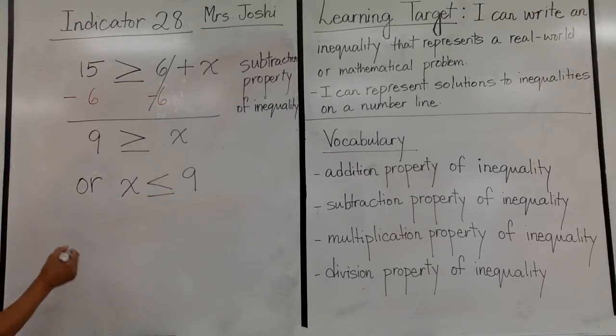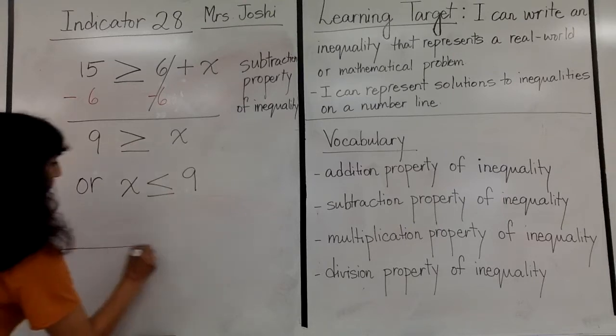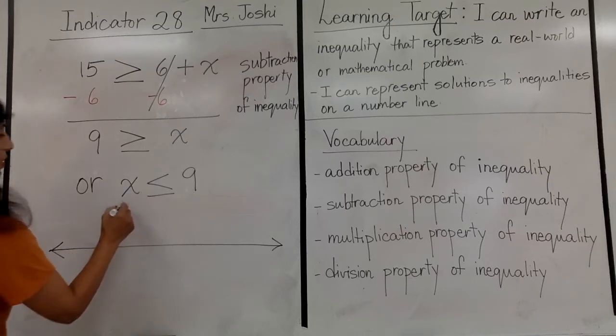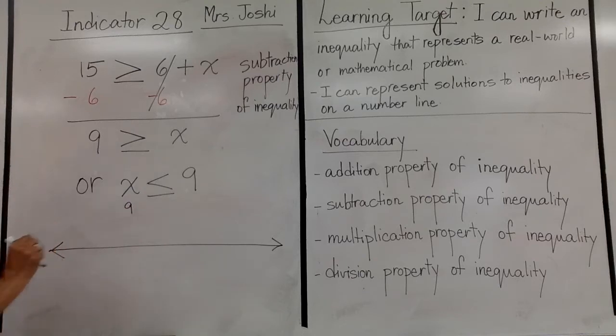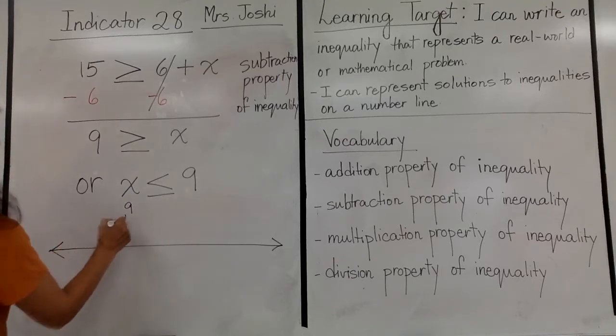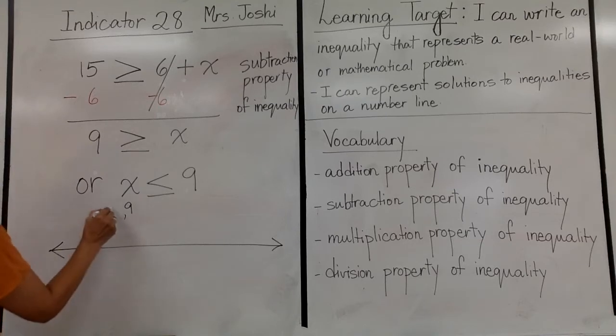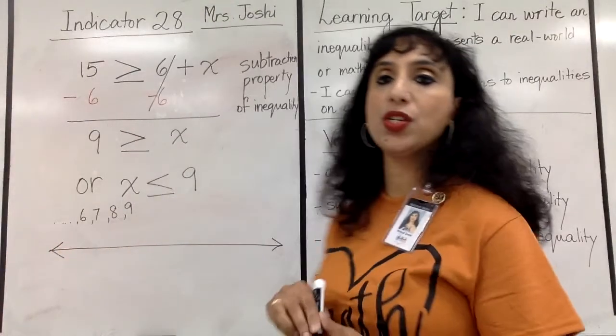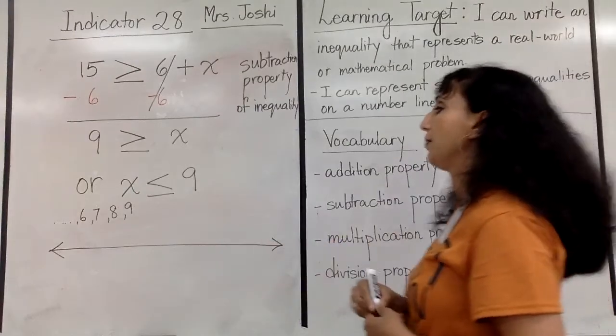Okay, so now I'm going to make my number line. But before I put any numbers on it, I have to think: it is equal to 9, so 9 is definitely included. And then it is saying it's less than 9. So if it's less than 9, that means a number less than 9 would be 8, 7, 6, and so on. So if it's a smaller number, we know that it is going to go to the left on the number line.